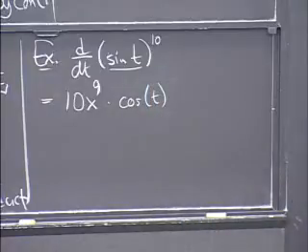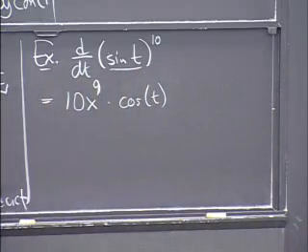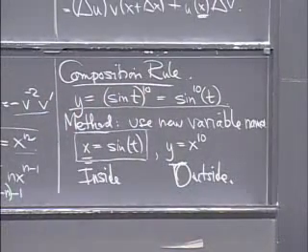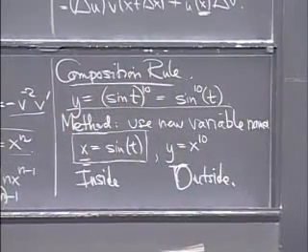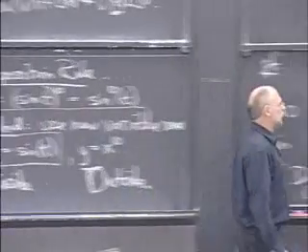This is correct, but since we were the ones to introduce this notation x here, that wasn't given to us in the original problem here. The last step in this process should be to substitute back in what x is in terms of t.